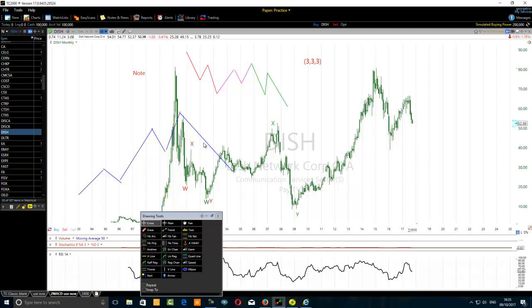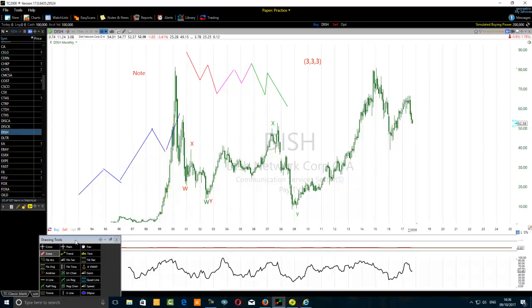So the point I want to make here is very simple. The W represents a corrective wave. That corrective wave can be a triangle, a zigzag, a flat, and even a combination.